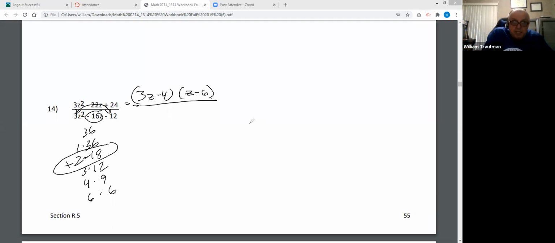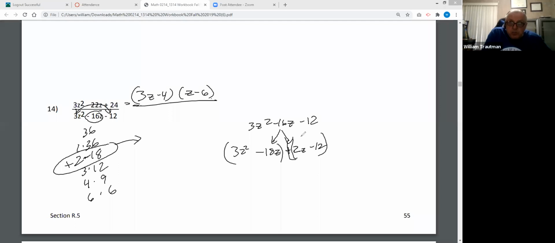So on the side here, 3z squared minus 16z minus 12. This splits up to the plus 2 and minus 18. I like to put the minus 18 first because I don't like the third term to be negative. Minus 18z plus 2z minus 12 and 3z squared. Put parentheses around the first 2, the second 2, make sure there's a plus sign between them.